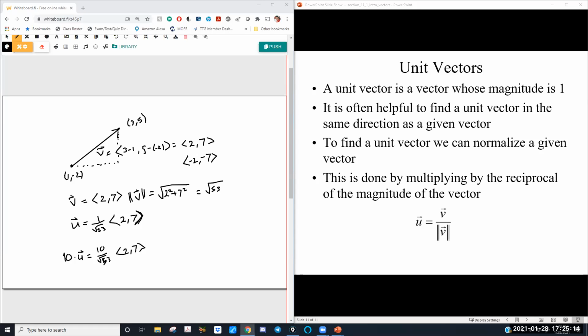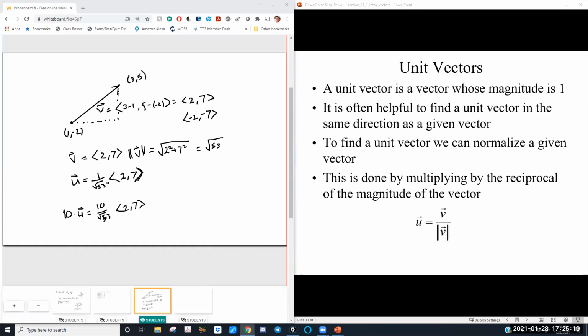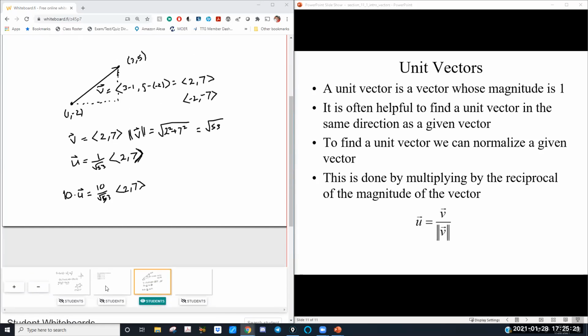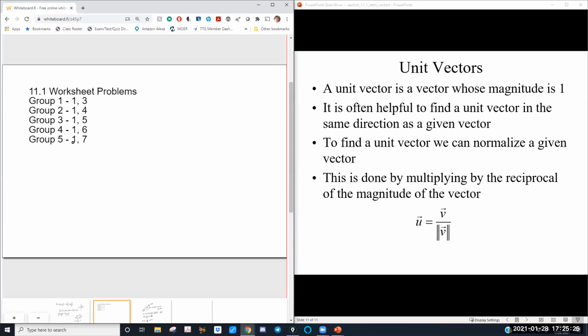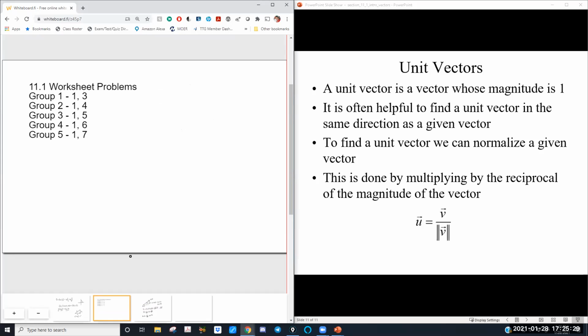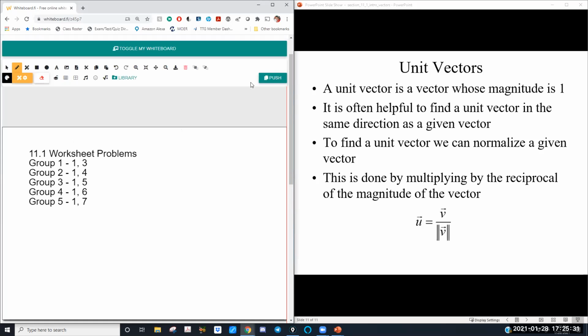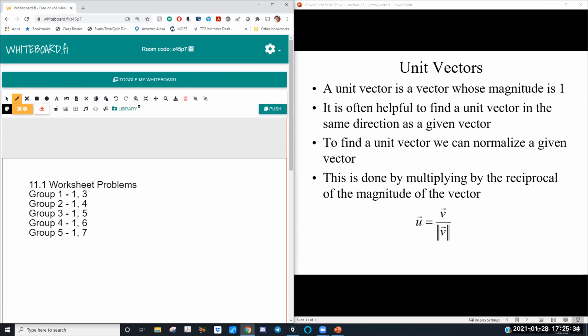I'll talk a little bit more about groups at the end, but I want to get you guys doing some work in here. And depending on what group you're in, you're only going to do a couple of problems, okay? Everybody's going to do number 1, and group 1 is going to do 3, 2 is going to do 4. I'll push these whiteboards out to you guys if you're using whiteboard.fi, again, so give you the link here.